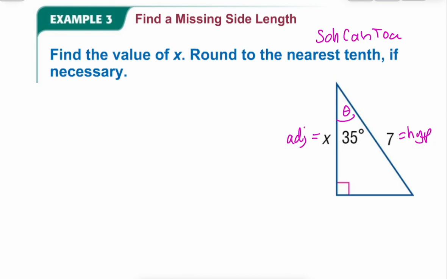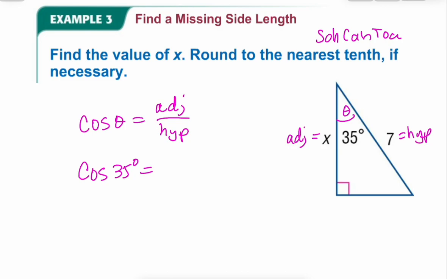The cosine. Let's write that down. I know the cosine of theta is adjacent over hypotenuse. And let's fill in what we know. The cosine of 35 degrees is equal to adjacent over hypotenuse. We have an equation.